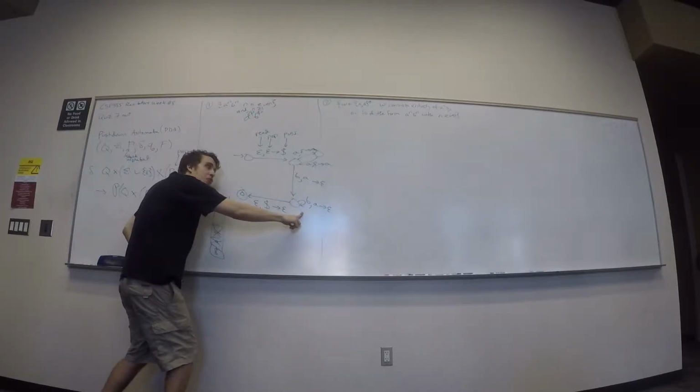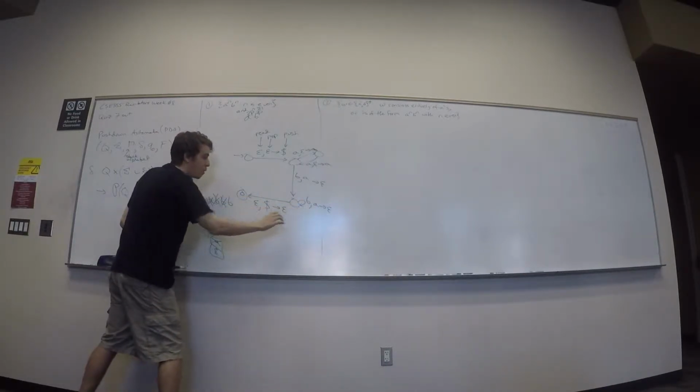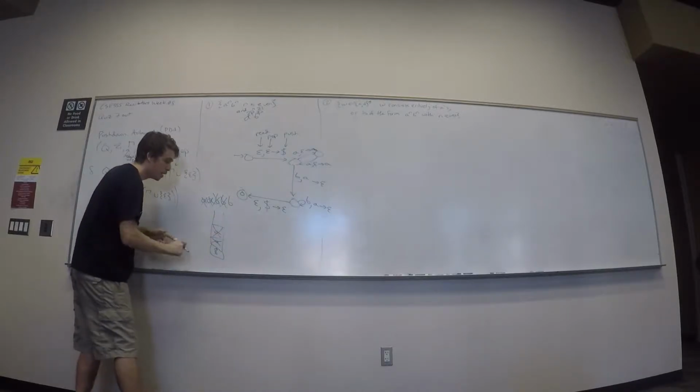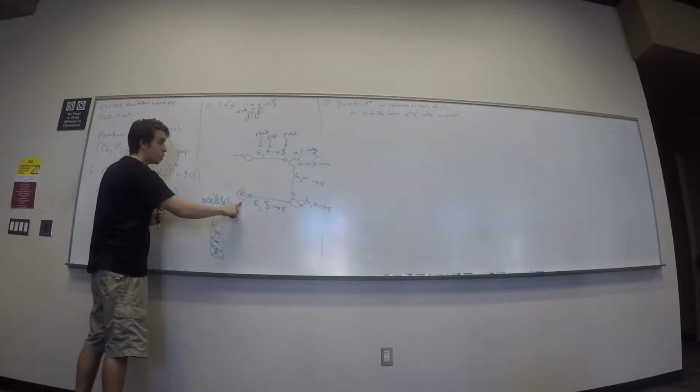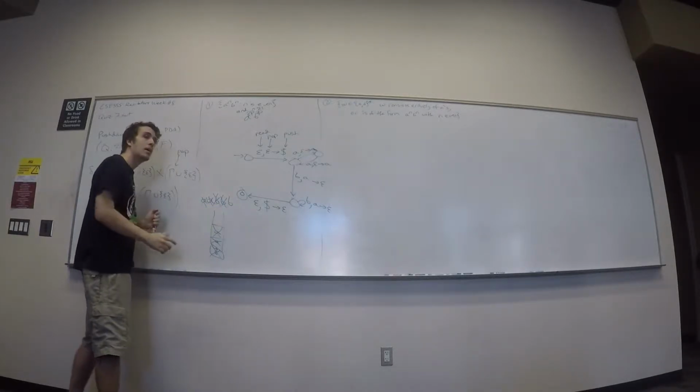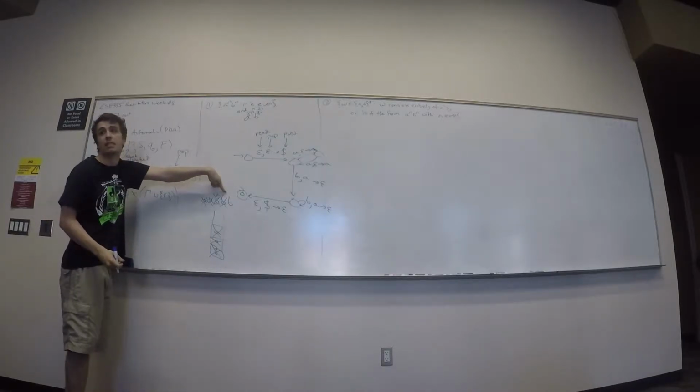I can't choose this one because A is not on top of the stack, right? So I can't choose that one. So I must take this one, which means I pop the dollar sign off, and there's no transition out of this state. And so therefore, the computation dies because there's something left in the input to read.